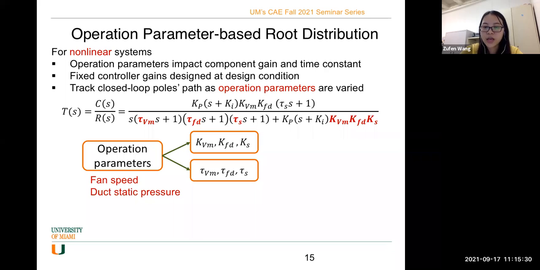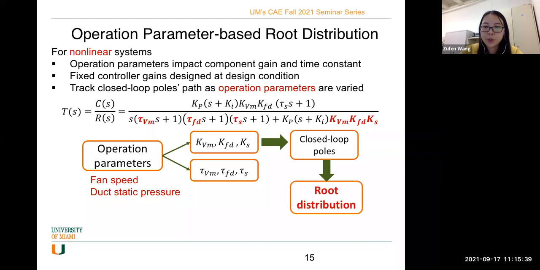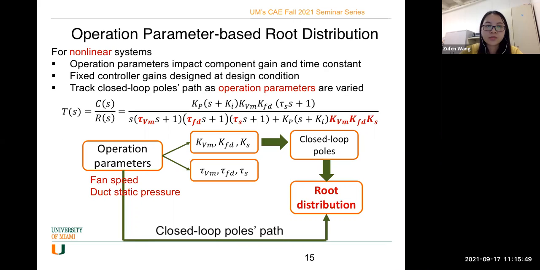With the component gain and time constant, we can calculate the closed loop poles. And if we calculate the closed loop poles under each operation condition and locate them on the figure, finally we can get our operation parameter-based distribution, which tracks the closed loop poles paths as operation parameters are varied.